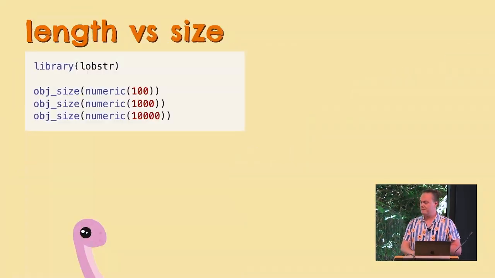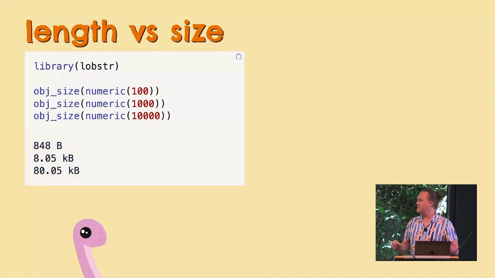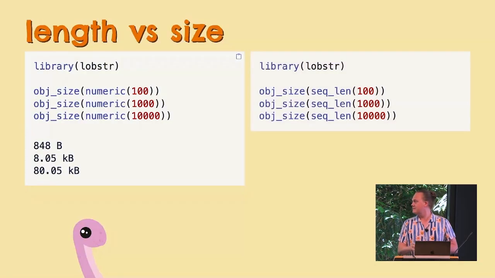So if we try to look at how much memory a vector takes up in R, I'm using the lobstr package because it's easy. The numeric function just produces a bunch of zeros. And we can see that as we are making the vector 10 times longer, it also takes up 10 times more memory.